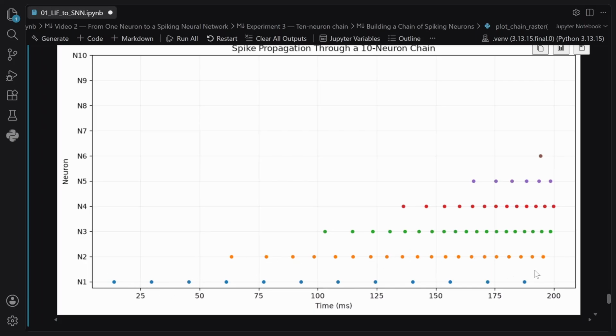And again, you notice the increase in frequency because there is no decaying S factor. After about three spikes from neuron 2, our neuron 3 starts spiking, again with a frequency increase. Then our fourth neuron, fifth neuron, and sixth neuron. So you can see the wave propagating from the first neuron to, I think, the sixth neuron.